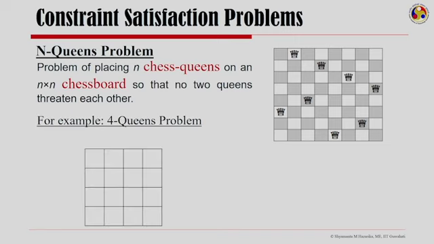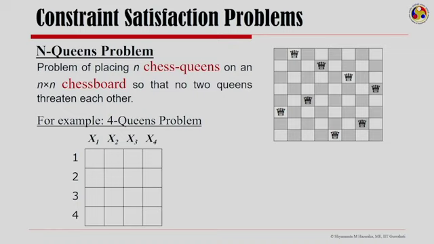For example, if we are talking of the 4 queens problem, we have 4 queens to be placed on a 4 cross 4 board, and we will mark these variables as x1, x2, x3, x4, and we have 1, 2, 3, 4, the different rows.